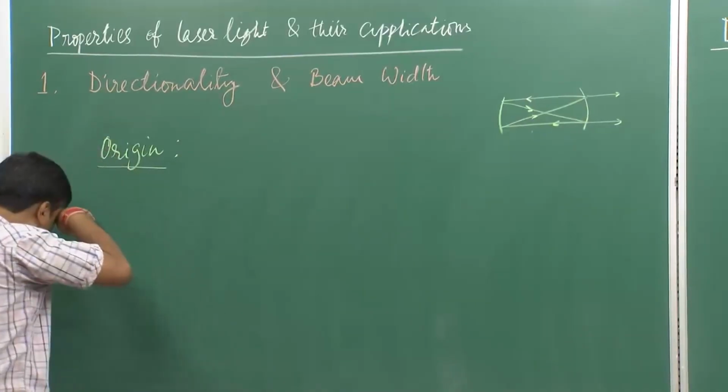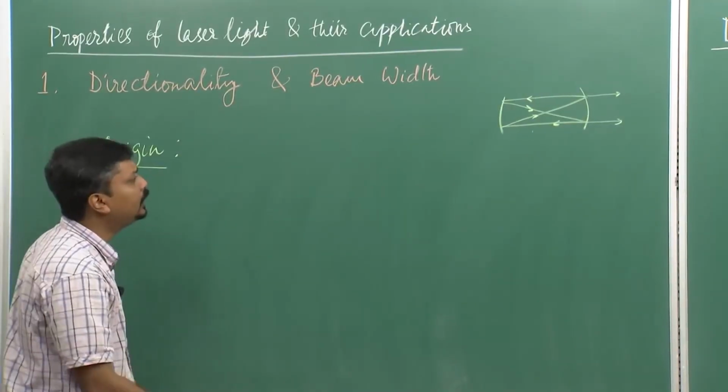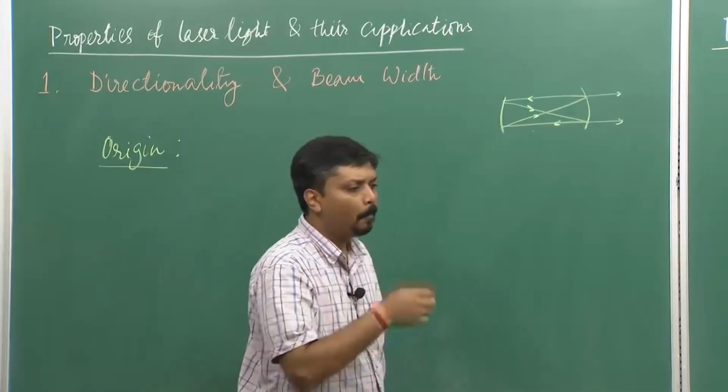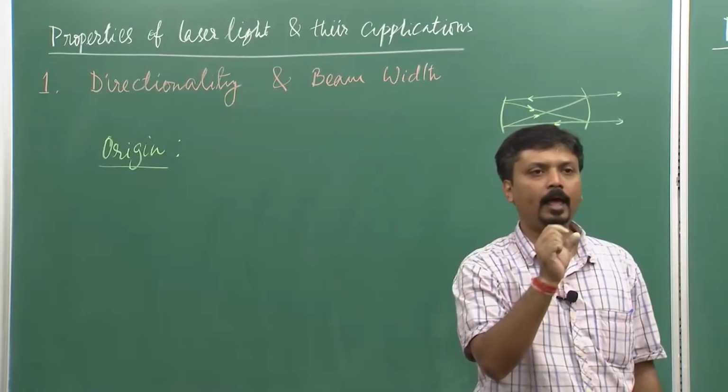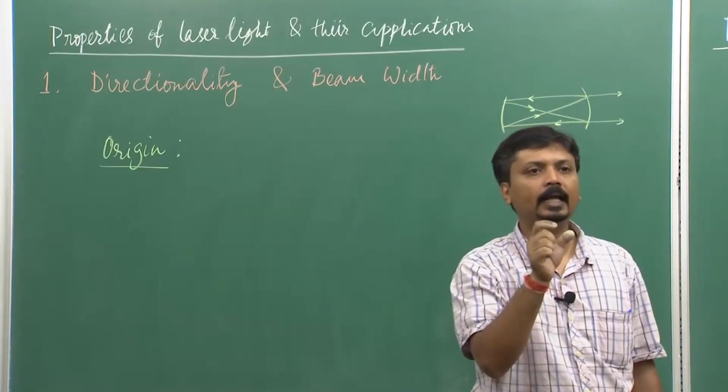Now, along with this directionality, there comes another thing: this laser light has a width, and it is like a rail track.